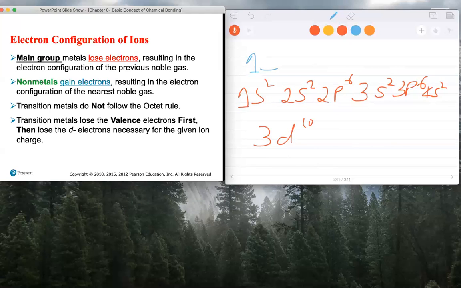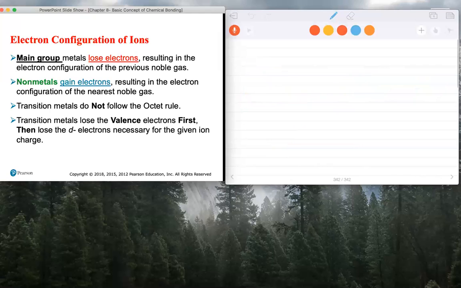So, all group 1 will lose 1 valence electron. For example, sodium: 1s2, 2s2, 2p6, and 3s1. This is sodium with 11 electrons.